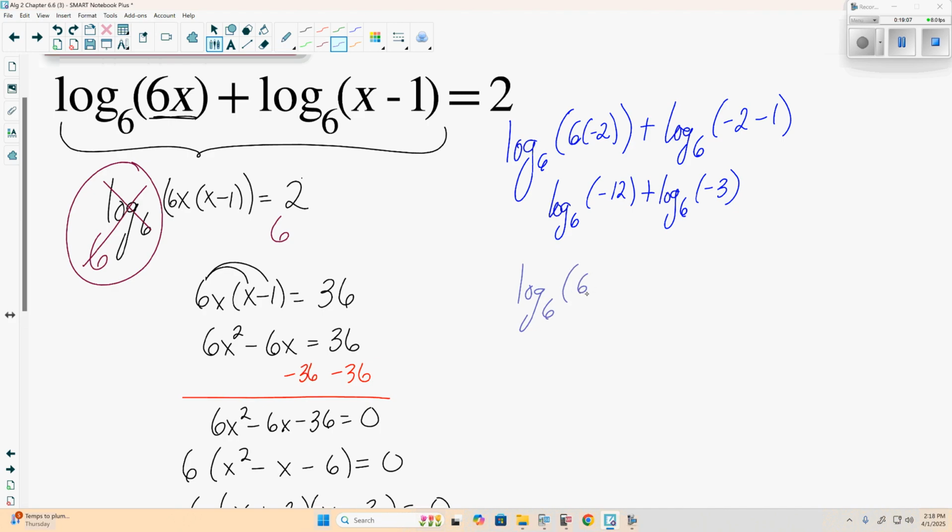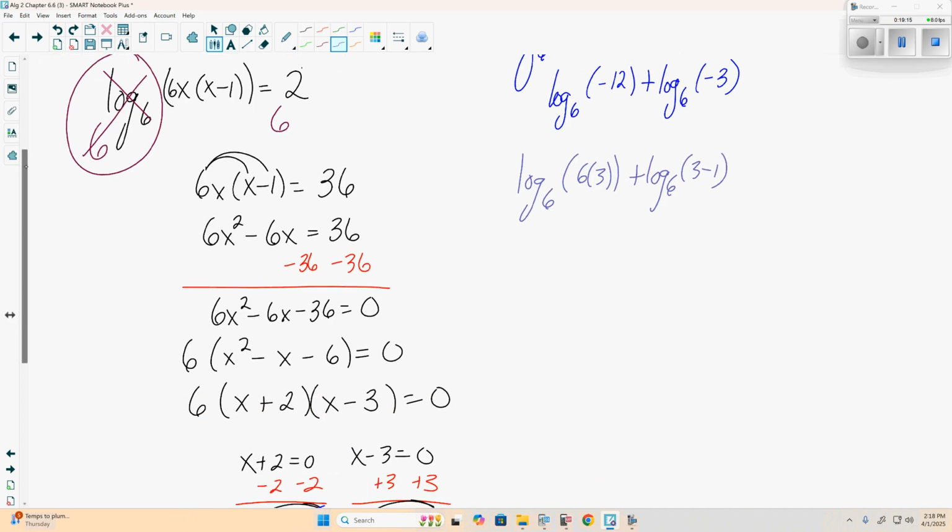When x is 3, six times 3 is 18, and 3 minus 1 is 2. Both of those are positive. That's going to work. Because interestingly enough, 18 times 2 is 36, and 6 squared is 36.